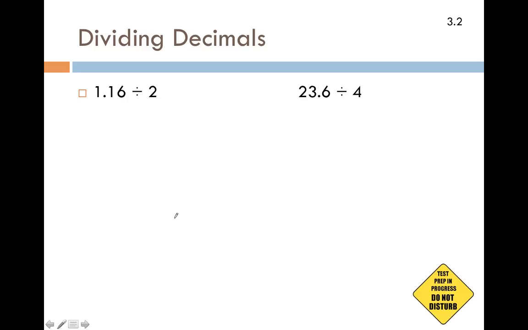I'm going to take the 2, and then take 1.16 here, and label some stuff for us. The 2 is going to become the divisor. That's the name of it. It's the thing that's doing the dividing. The 1.16 is the thing that's being divided. That's the dividend.